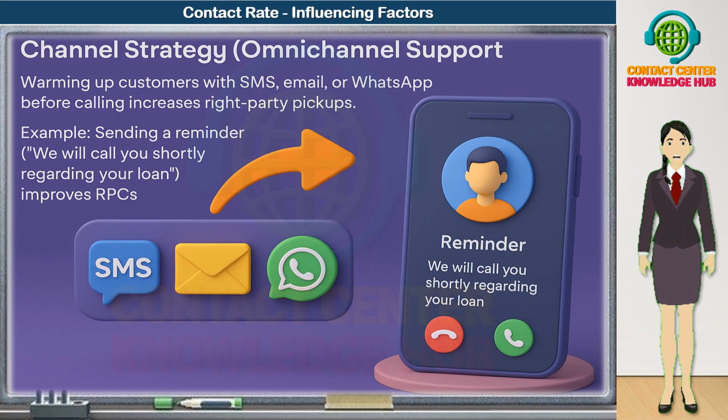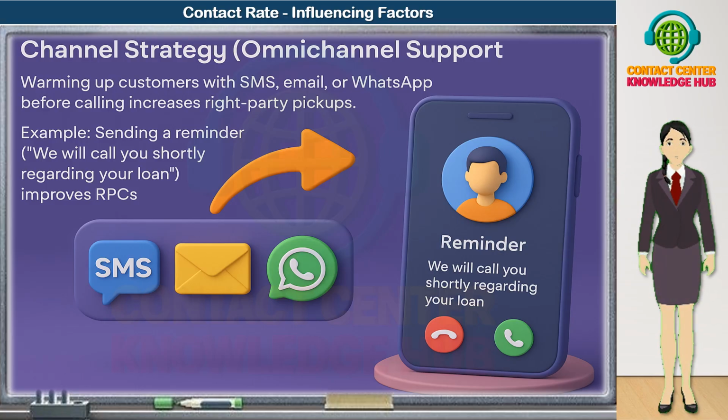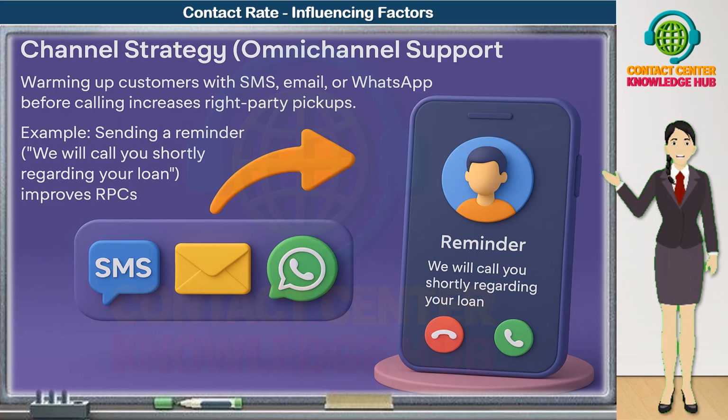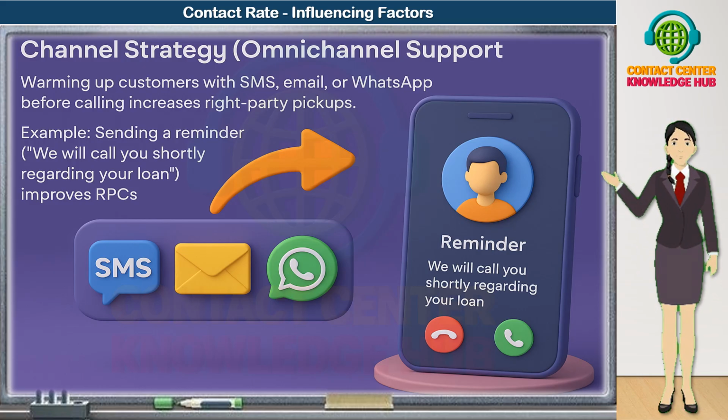Let's now explore one of the most effective modern influencing factors: channel strategy and omni-channel support. In today's connected world, customers rarely rely on just one communication channel. By warming up your customers through SMS, email, or WhatsApp before a call, you can dramatically increase the chance of a right-party contact.